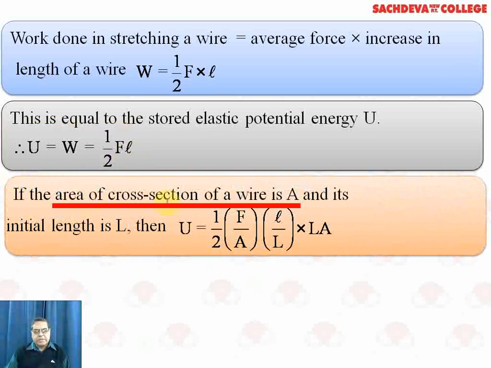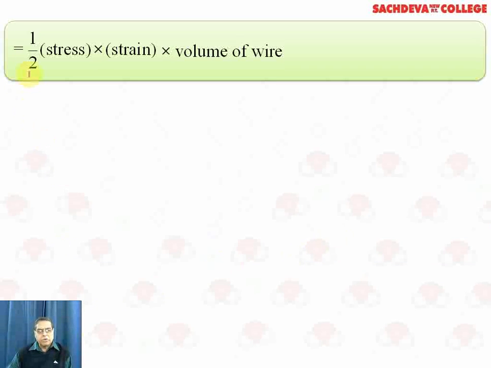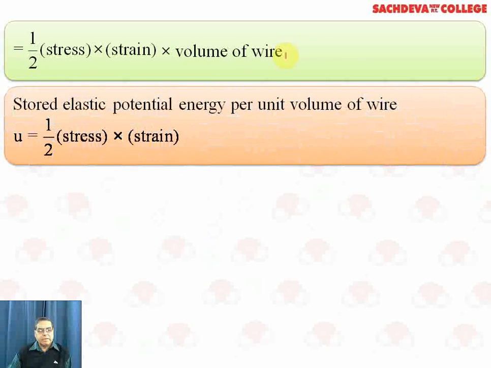The area of cross section of the wire is A, and its initial length is L. So if A and L are multiplied, that becomes the volume. So potential energy will be half F over A, force by area, which means stress, into strain multiplied by LA, original length into original area, and that gives the volume. So now the expression becomes half stress into strain into the volume of the wire, because area of cross section into length gives the volume of the wire.